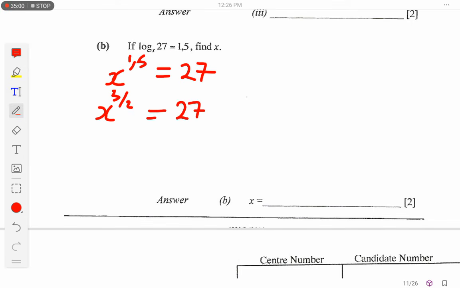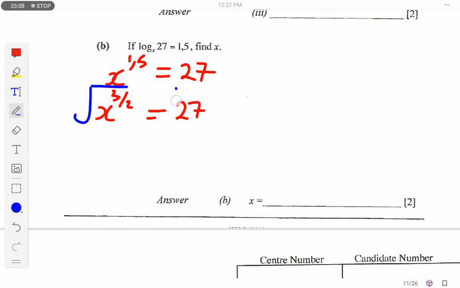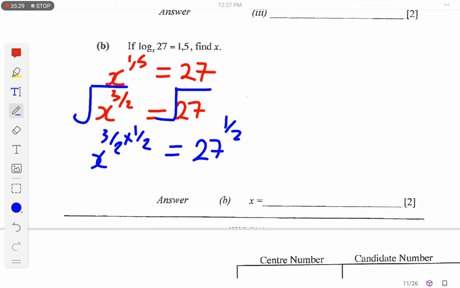Let me find the square root of everything, and remember, square root is the same as to the power of half. So I can rewrite this as x to the power of 3/2 by 1/2 is equal to 27 to the power of half.